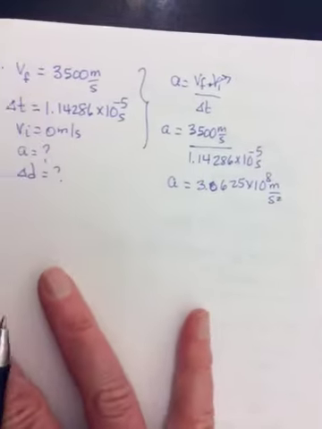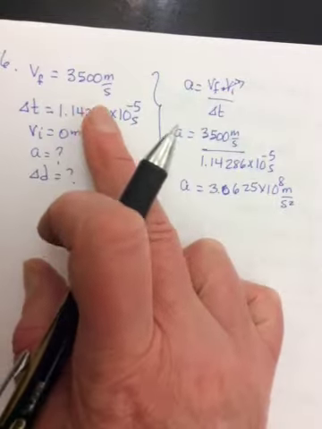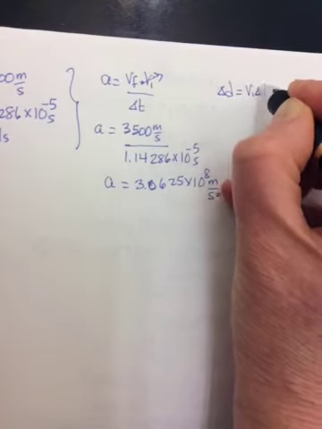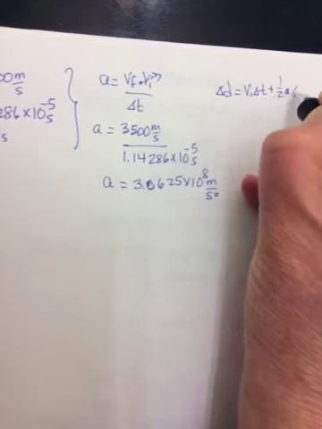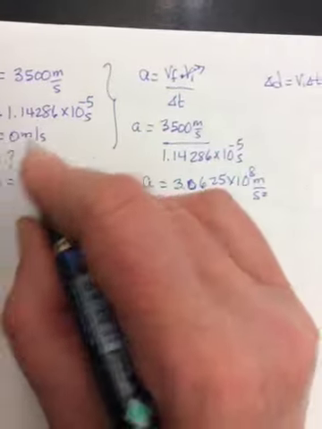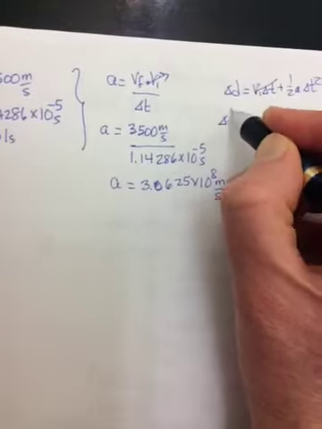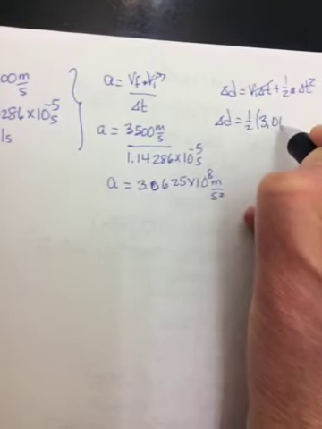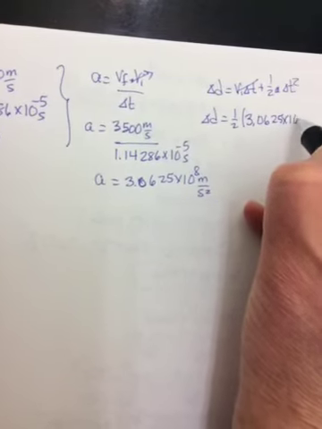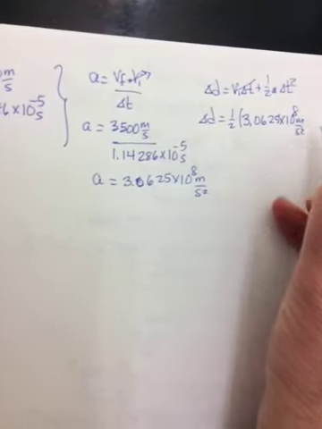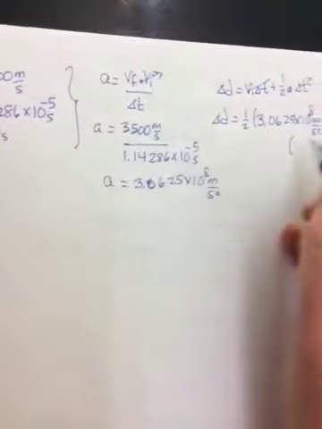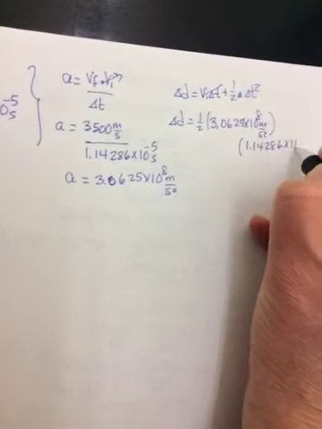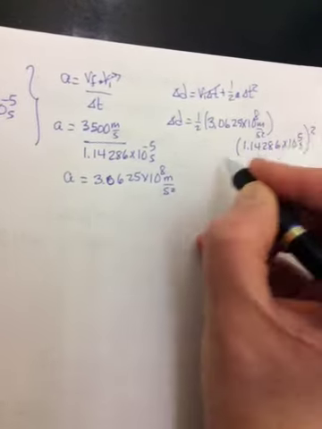Now it wants my delta D. Well, I have my A, I have my VF, I have my delta T. So I could do delta D is equal to VI delta T plus 1/2 A delta T squared. The VI is 0, so this term disappears. So delta D is equal to 1/2 times the A we just wrote down, 3.0625 times 10 to the 8th meters per second squared. And then we're going to multiply that by our 1.14286 times 10 to the negative 5 seconds, and don't forget to square it.